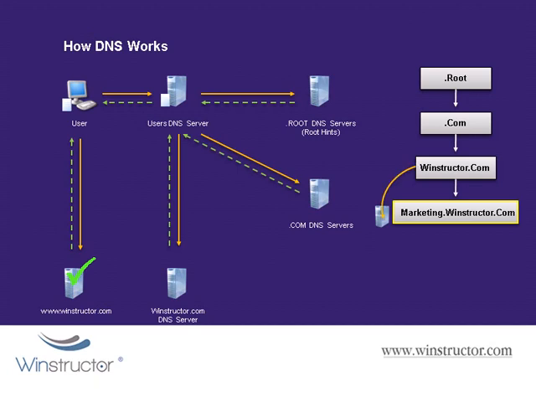Secondly, we'll need to create a name server or NS record on our DNS server, which effectively says to any incoming requests, if you want to go to marketing.winstructor.com, then go over to that server and ask them, don't ask me. So what happens is that the marketing.winstructor.com DNS server becomes authoritative for that child domain, just as our DNS server for winstructor.com is authoritative for our parent domain.